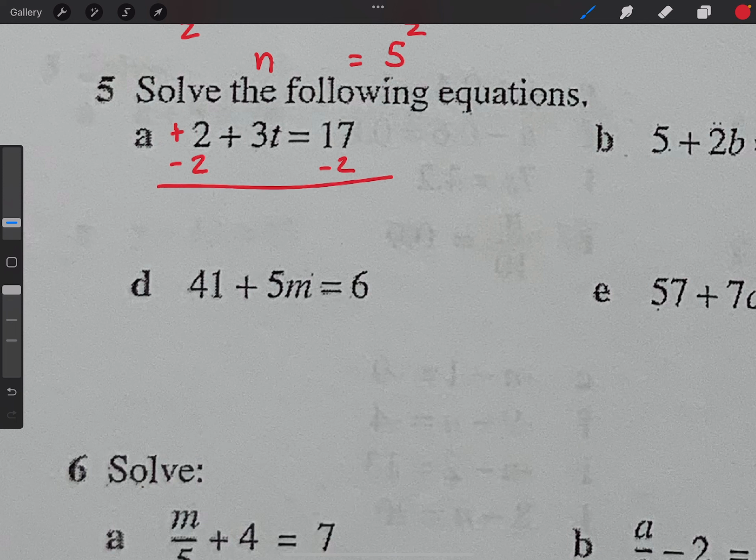A positive 2 take away 2 gives you 0. You're left with a positive 3t equals 15, because 17 minus 2 is 15. So we have 3t equals 15. We just divide both sides by 3, and you get t is equal to 5. There you go.